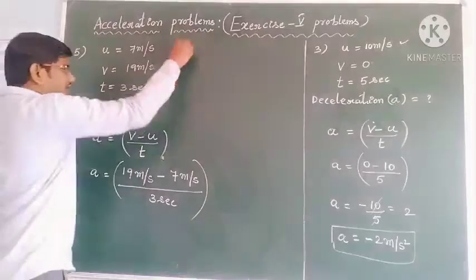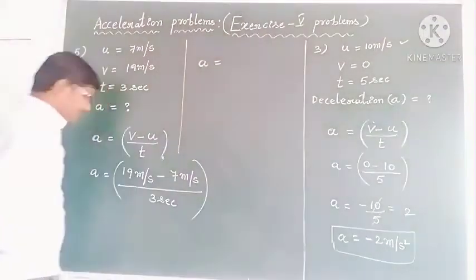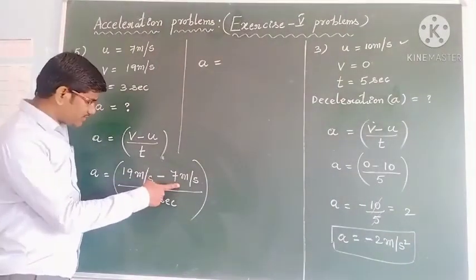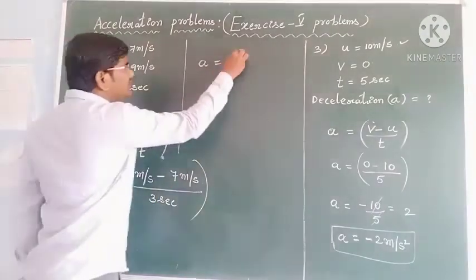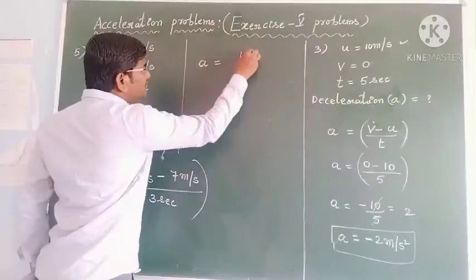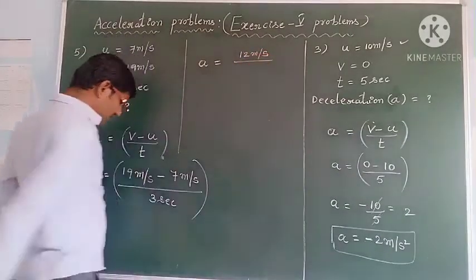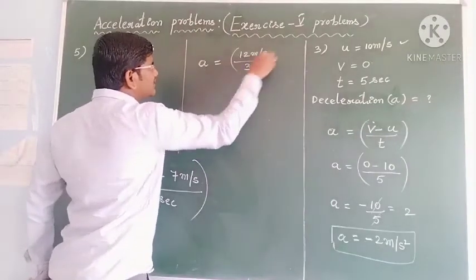So 19 minus 7, how much will be left? 12 meters per second in the time of 3 seconds.